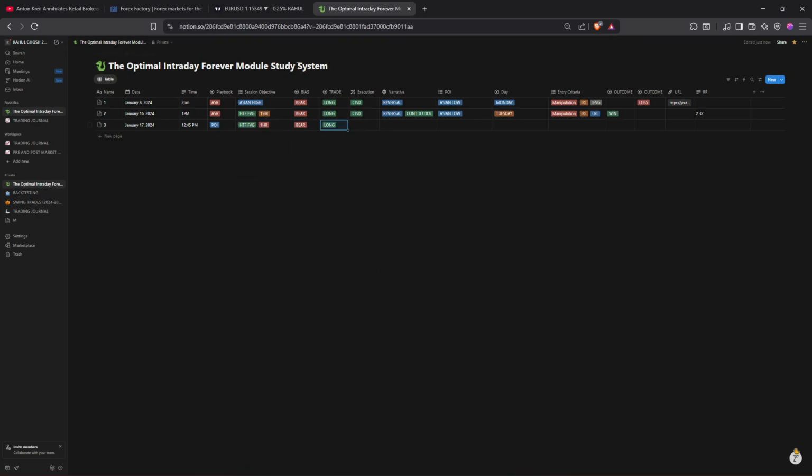I will bear at long and free change the trade. Narrative is internal drawdown liquidity. POI is the 15-minute IBG.